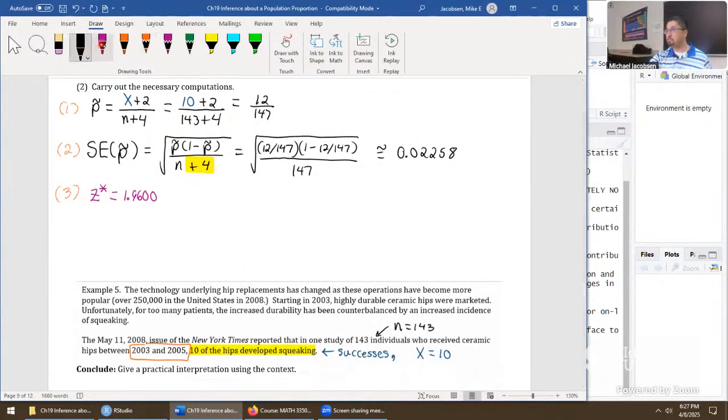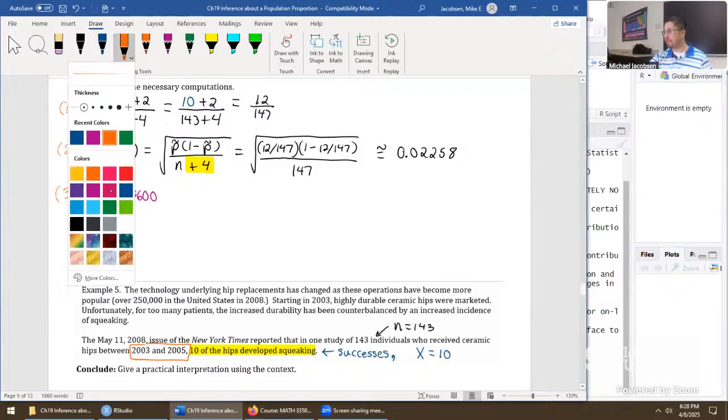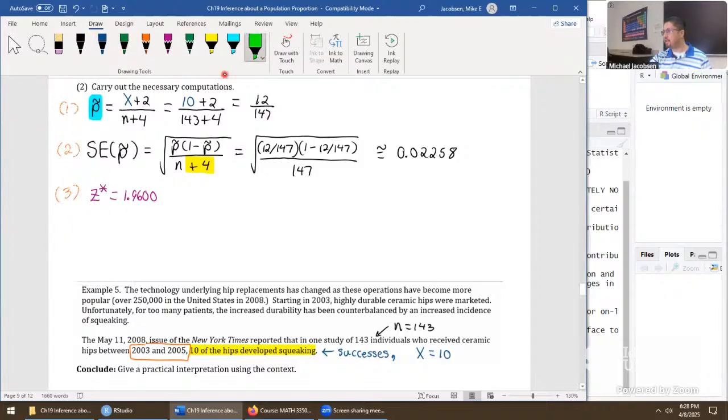The next step is just put everything together. P tilde, let me put down in, let's go with blue actually. Just fixing all my color codings here. Standard error, we often highlight in green.